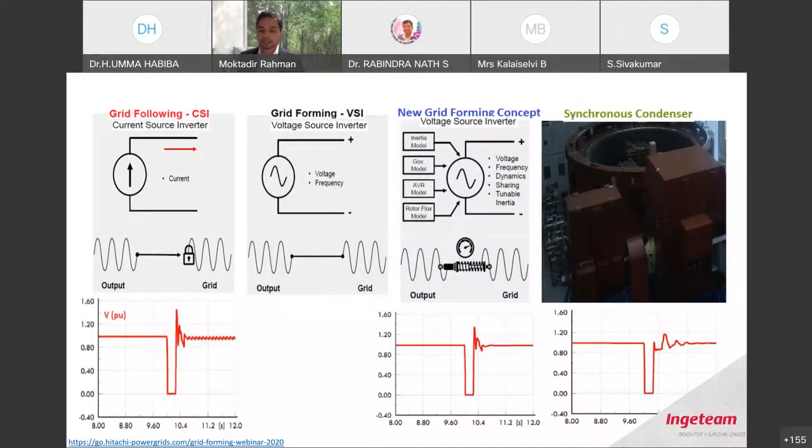But still, this technology is very expensive, and compared to the current grid-forming technology, yes, there's still some oscillation, and the oscillation could be more in different circumstances. So this is just a typical example, but it doesn't mean that the grid-forming technology is superior to the synchronous condenser. It depends on the situation and the grid condition.